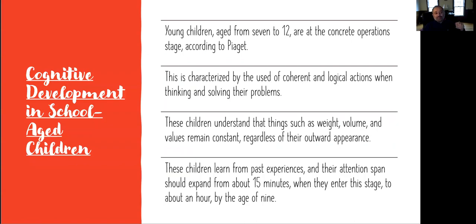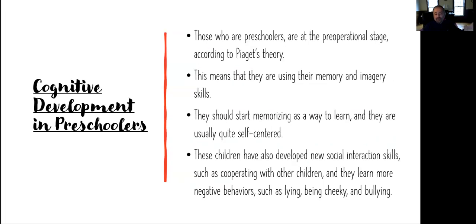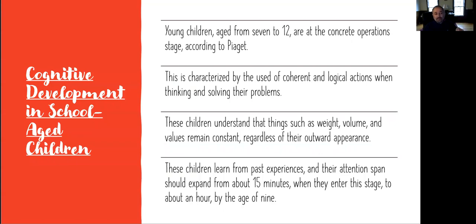Cognitive development in school age children. So we just moved out of the preschool age to school age. Young children aged from 7 to 12 are at the concrete operations stage, according to Piaget. This is characterized by the use of coherent and logical actions when thinking and solving problems.